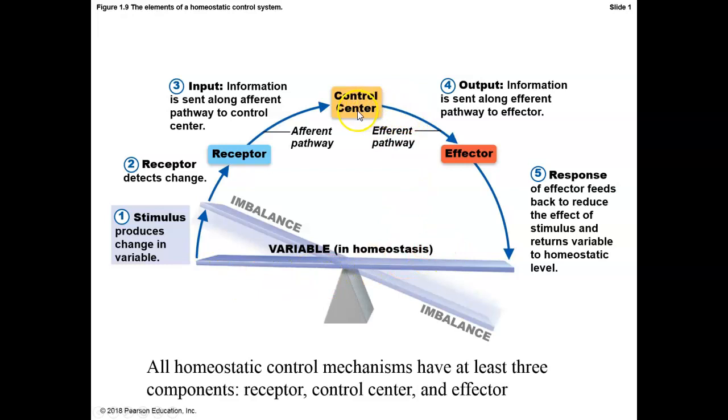And the control center sends a signal out to an effector. The effector is going to be a muscle or a glandular tissue, and that is going to respond to that change and bring us back into balance.